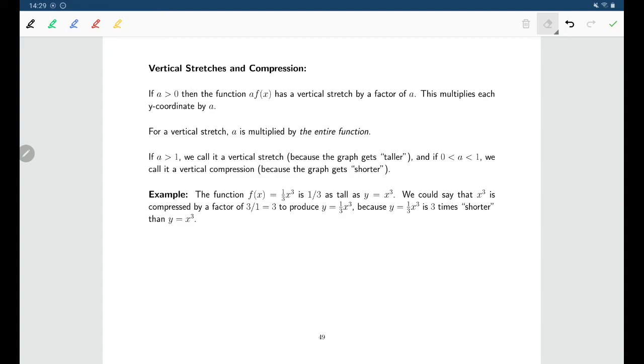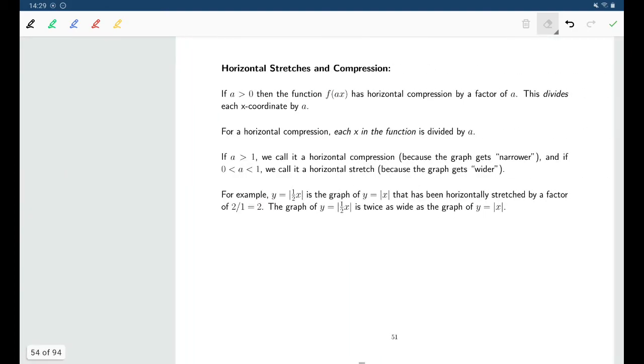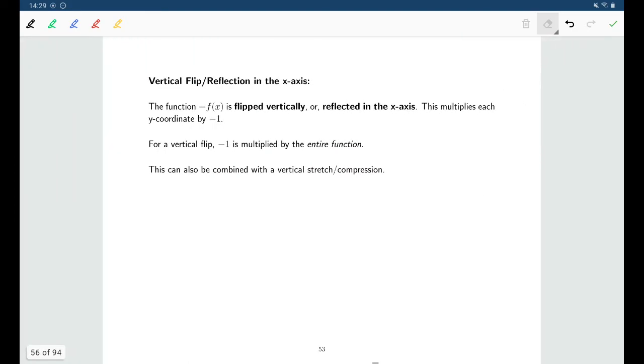And I said that we would address what happens if you're multiplying by something that's negative. As it turns out, multiplying by a negative gives us the effect of a vertical flip. So if you were to take your function f of x and multiply it by -1, negative f of x, that's multiplying every y-coordinate by -1.